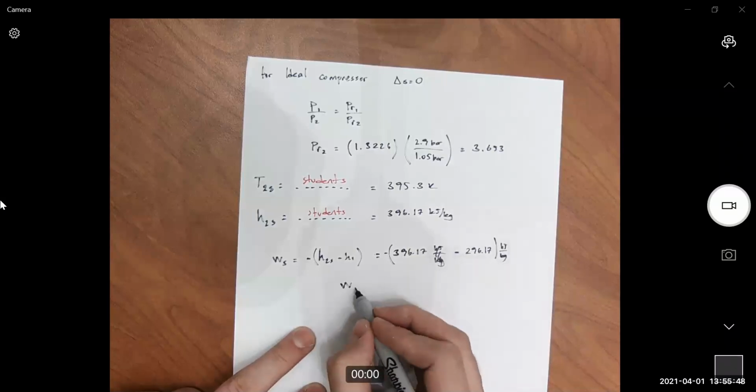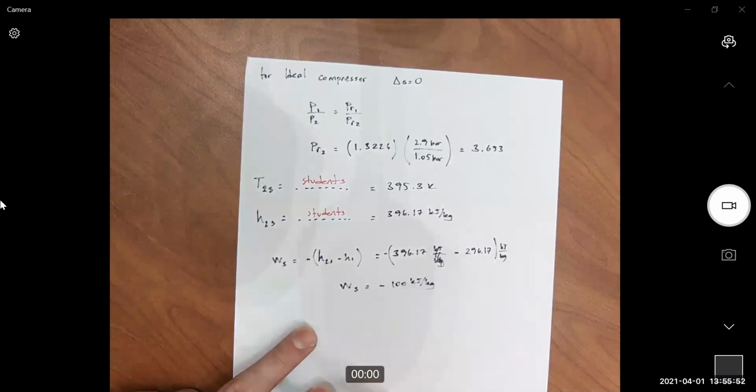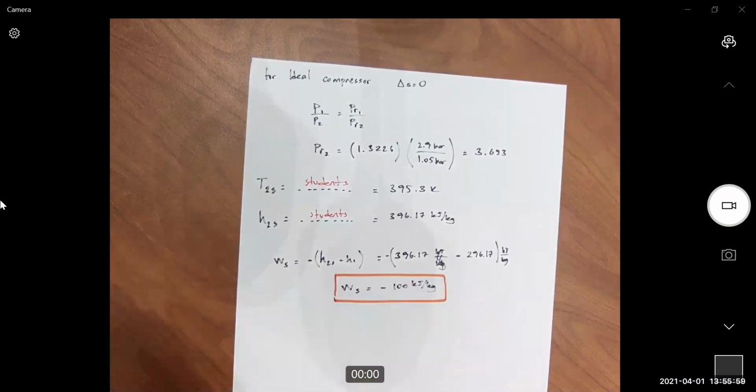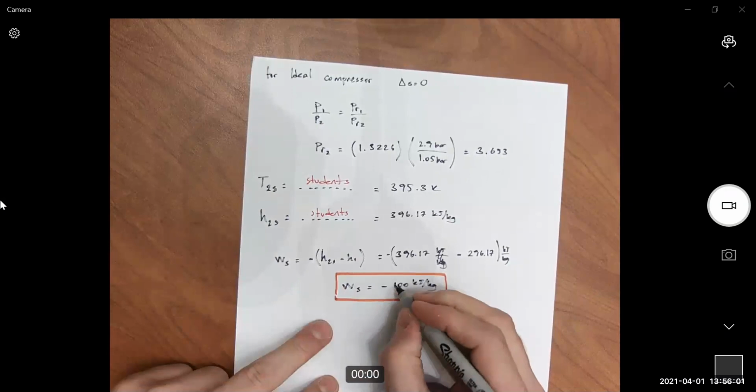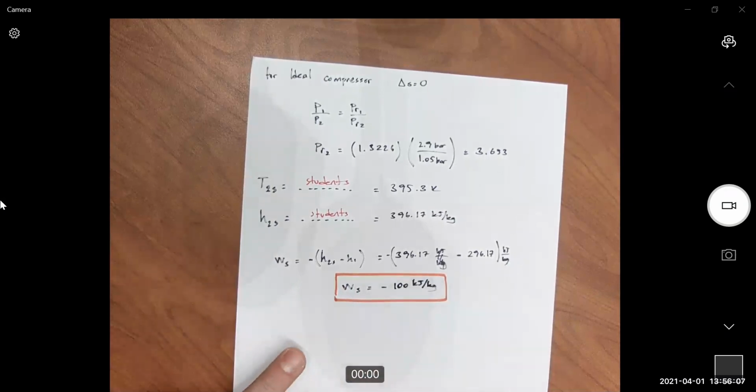So ideal work will be 100 kilojoules per kilogram. That makes sense. Work should be negative because a compressor is a work-consuming device. Minus 100 kilojoules per kilogram.